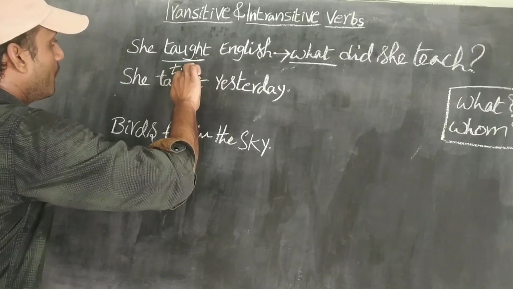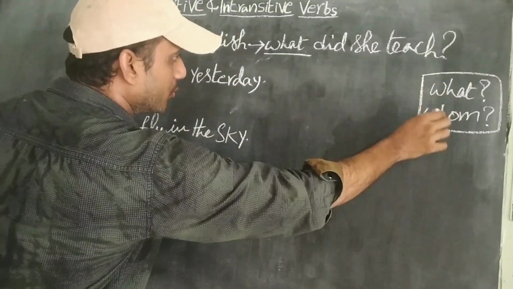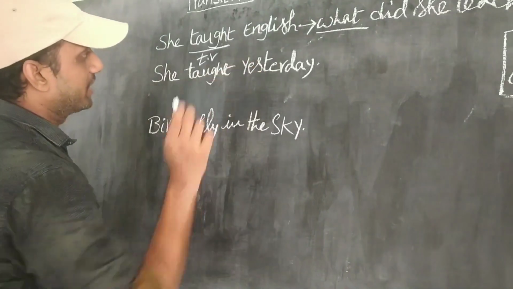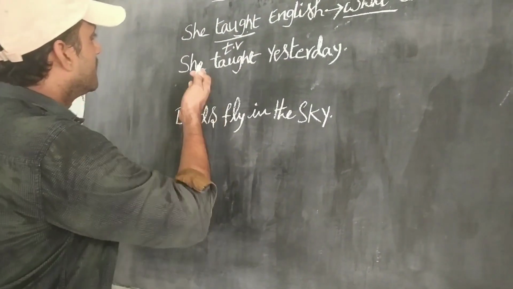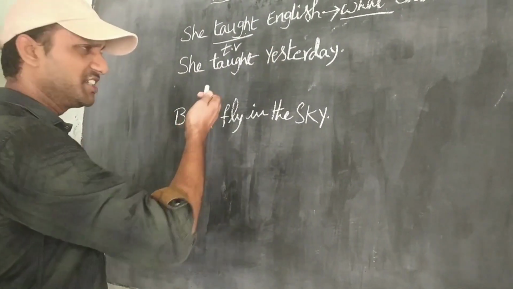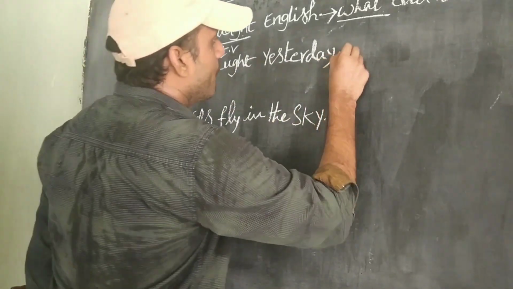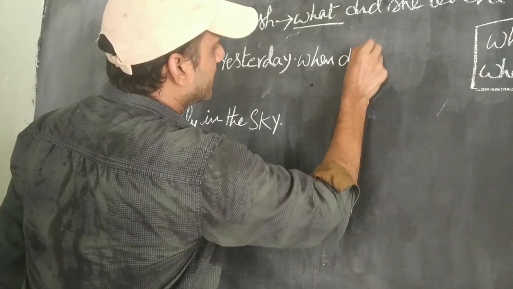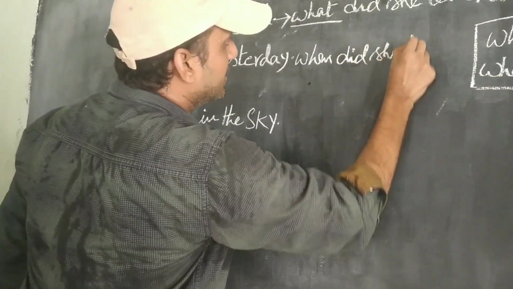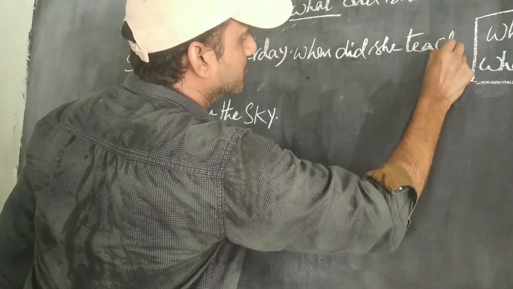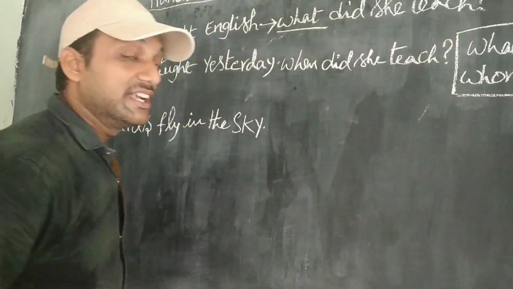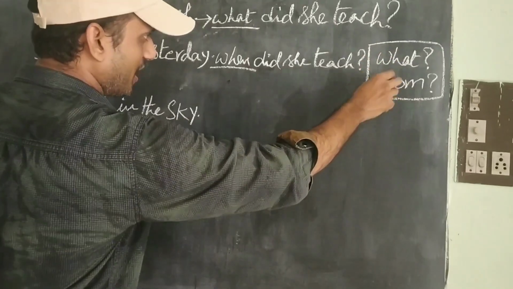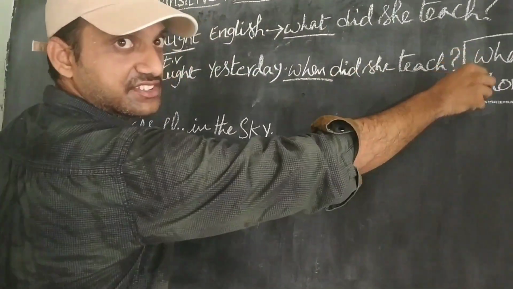When you observe what or whom, for example, she taught yesterday. It is meaningful. When did she teach? She taught yesterday. When? Do we have any one of these two?